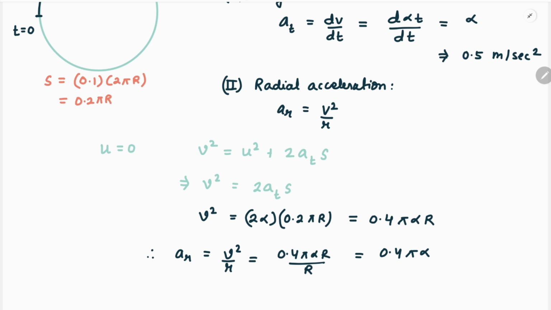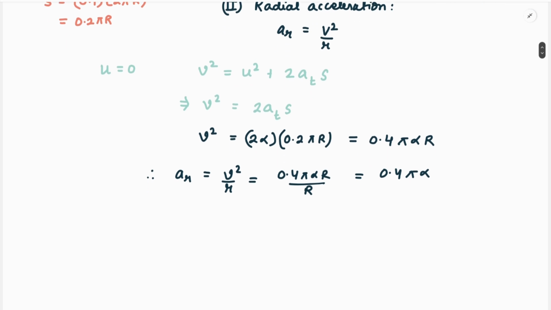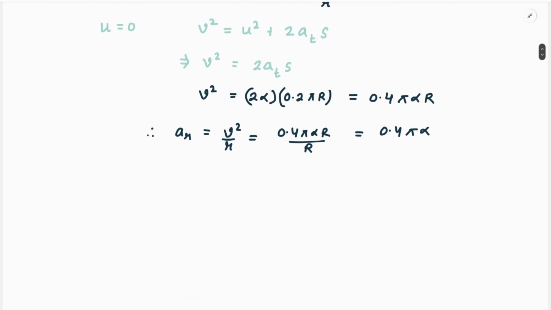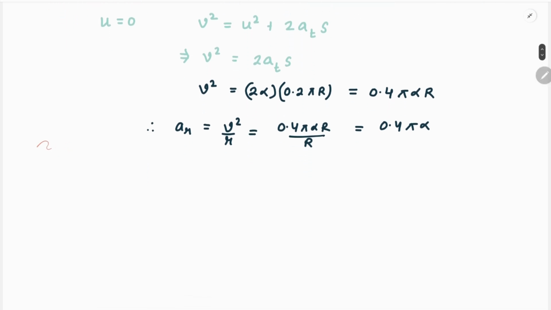So we have two components of acceleration, one radial and the other tangential, and hence a net can be written as the square root of a radial squared plus a tangential squared.